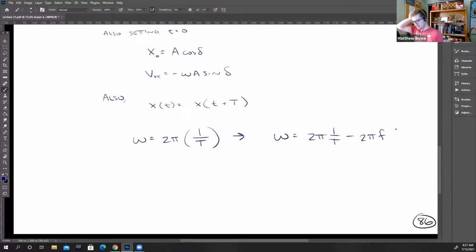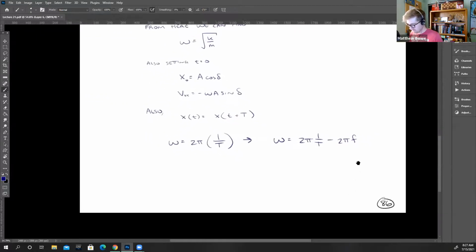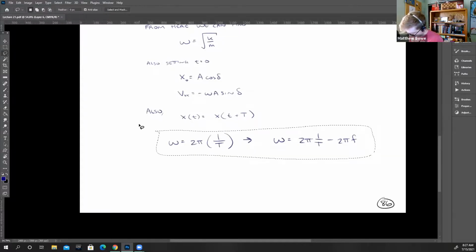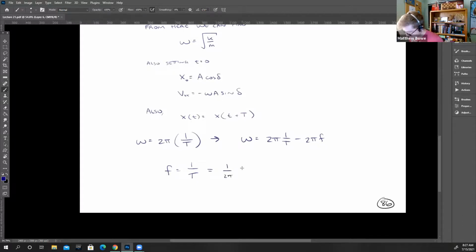So this is saying if we look at the period and compare it with the frequency, we can get pretty much showing how frequency is related to the period. And also this additional way to calculate the frequency of a simple harmonic oscillator.